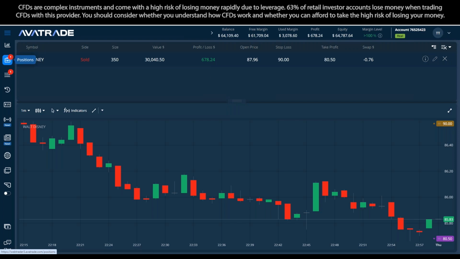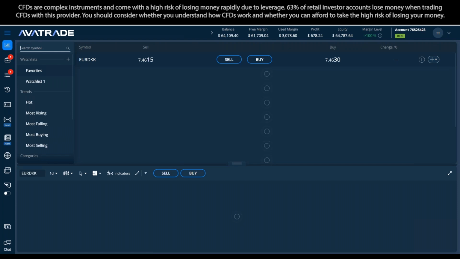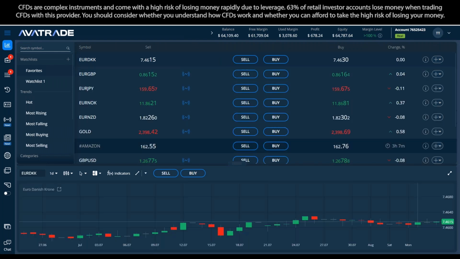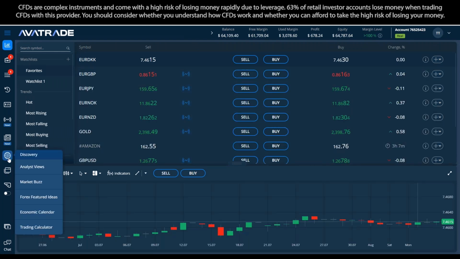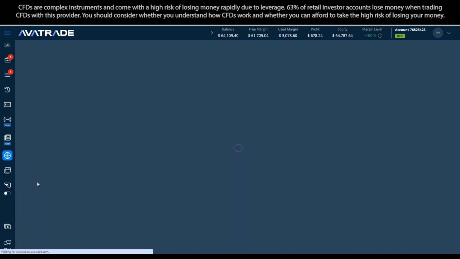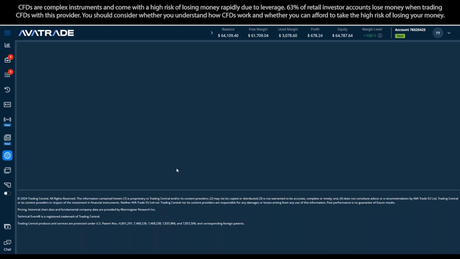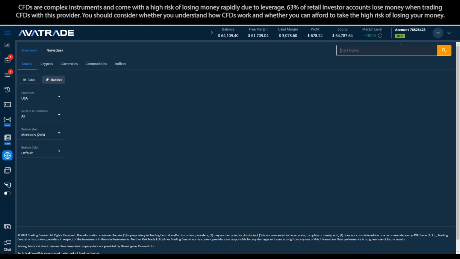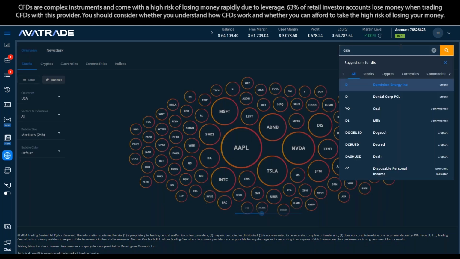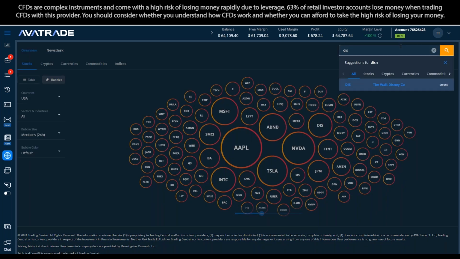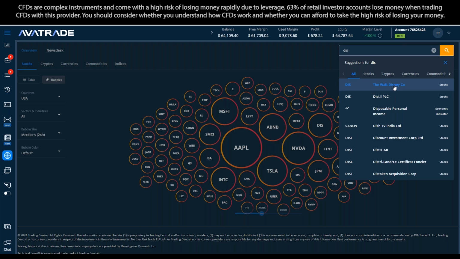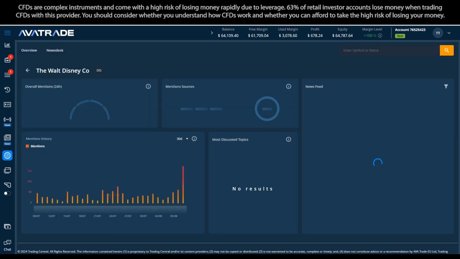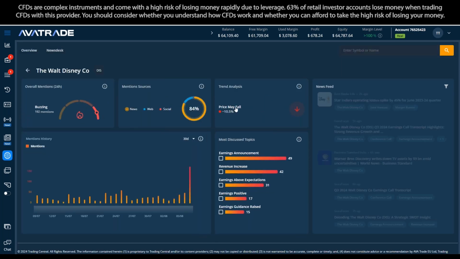Now, if we go back to Disney here in the Market Watch, or Market Buzz, I should say, we can see that signal still carries into today, with the suggestion that perhaps it'll continue to drop another 10% or so.